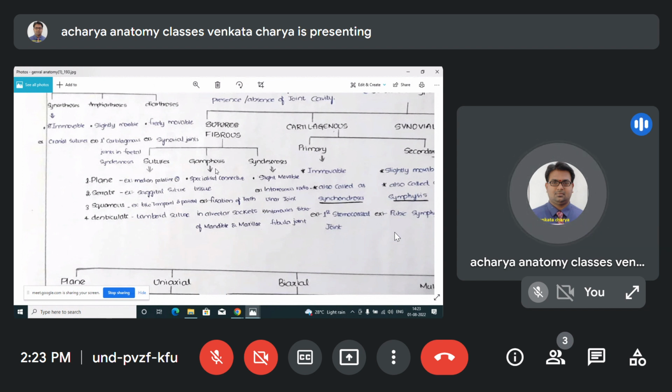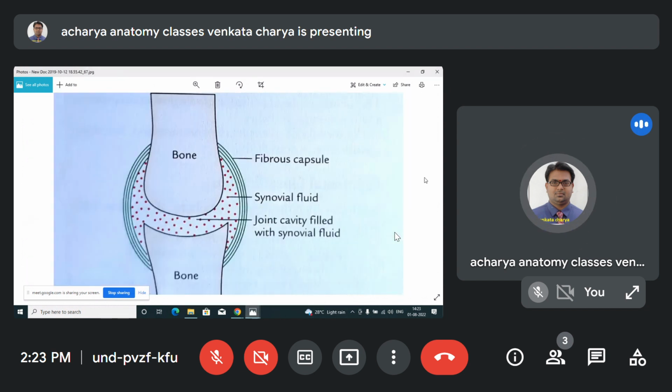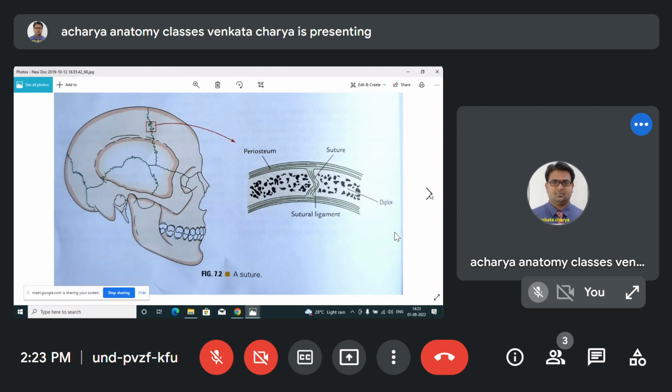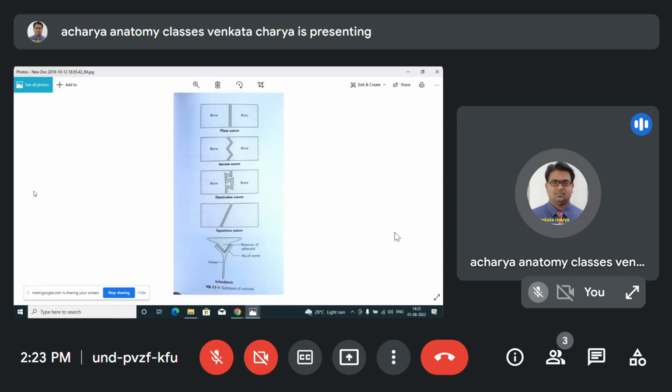Number two, gomphoses. And number three, syndesmosis. So number one is the suture. Observe this one.